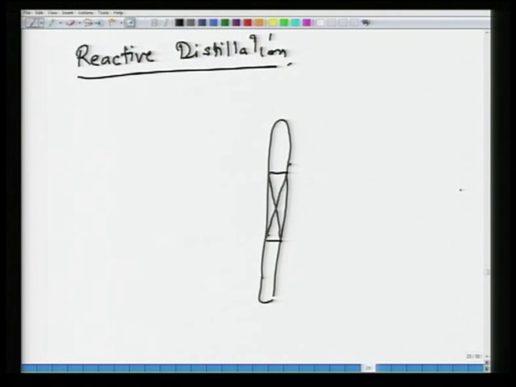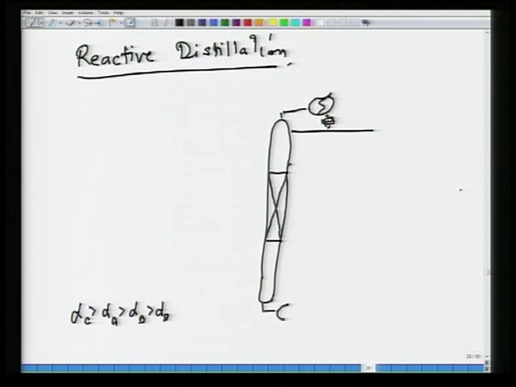Now, the way the relative volatilities were, C was the most volatile, then A, then B, and then finally D. I have got a condenser and I have got a reboiler.